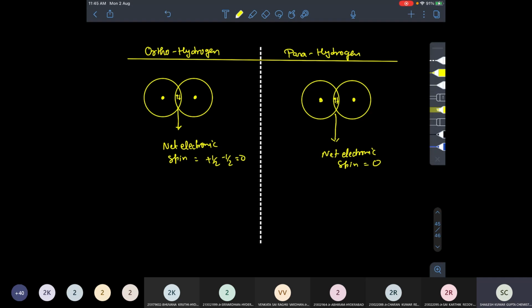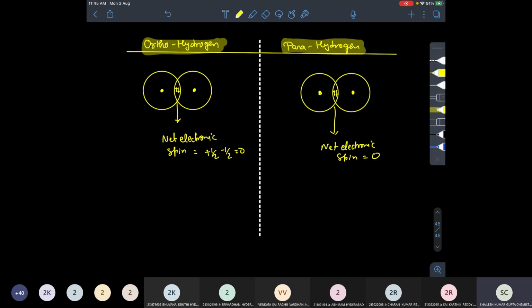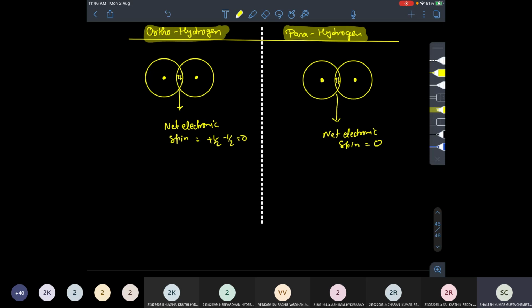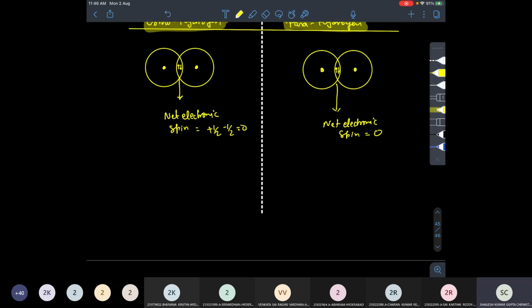But when I'm talking about orthohydrogen and parahydrogen, the way electron has spin, the same way even nucleons, that means proton and neutron, have spin. The way electron has magnetic moment, in that way even nucleons have nuclear magnetic moment.